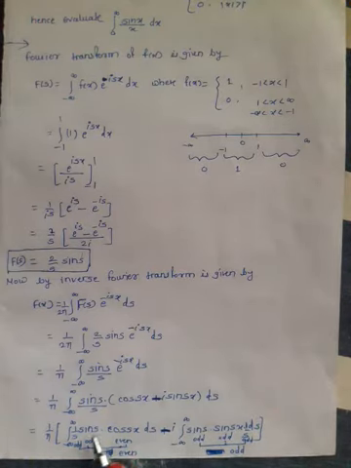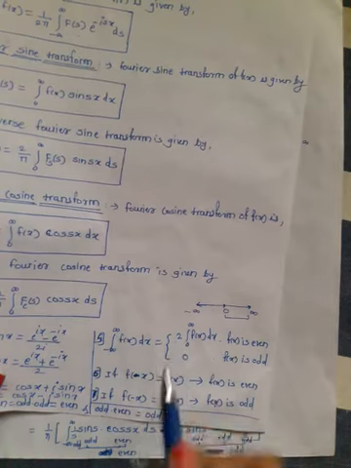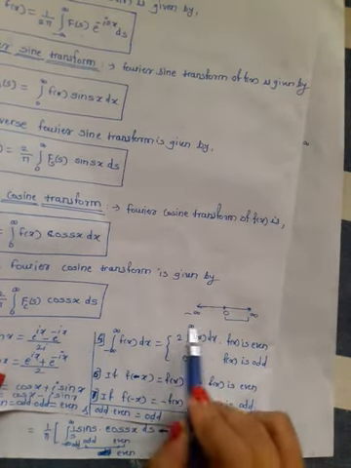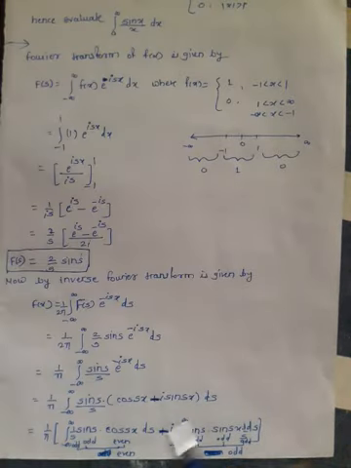If this is an even function, then according to this formula, this integration becomes 2 times the integral from 0 to infinity, the middle number of this interval. What is the middle number of minus infinity to infinity? 0. That's why this integration becomes 2 times, and this integration becomes 0 because it is odd. Understand?